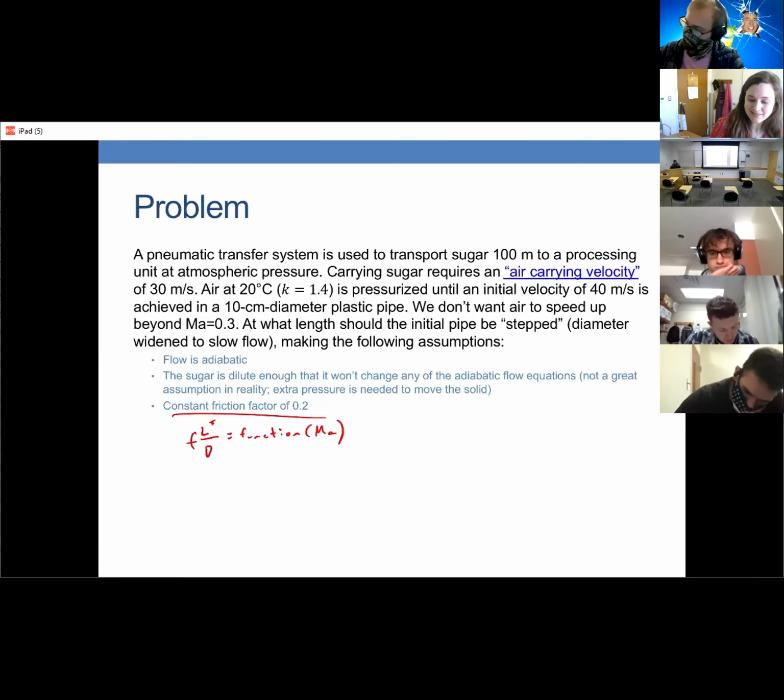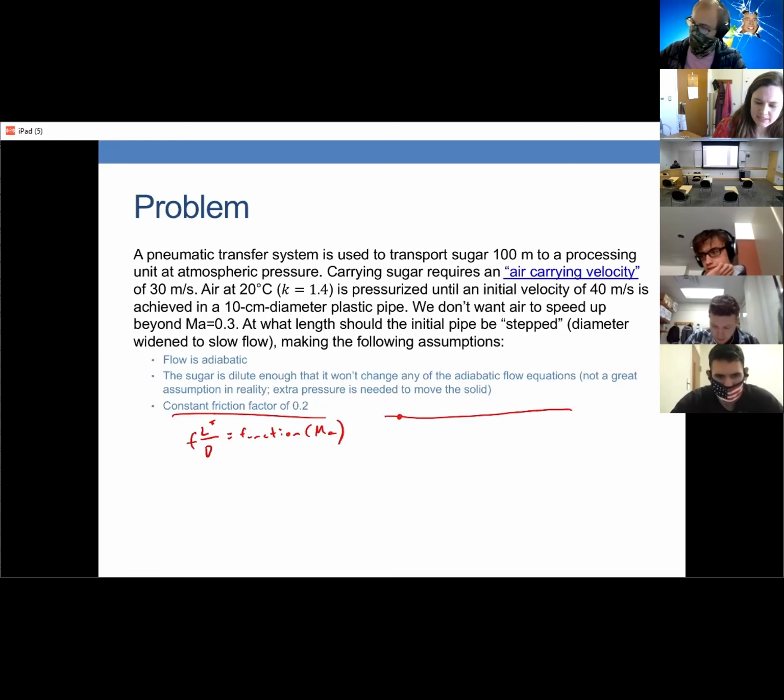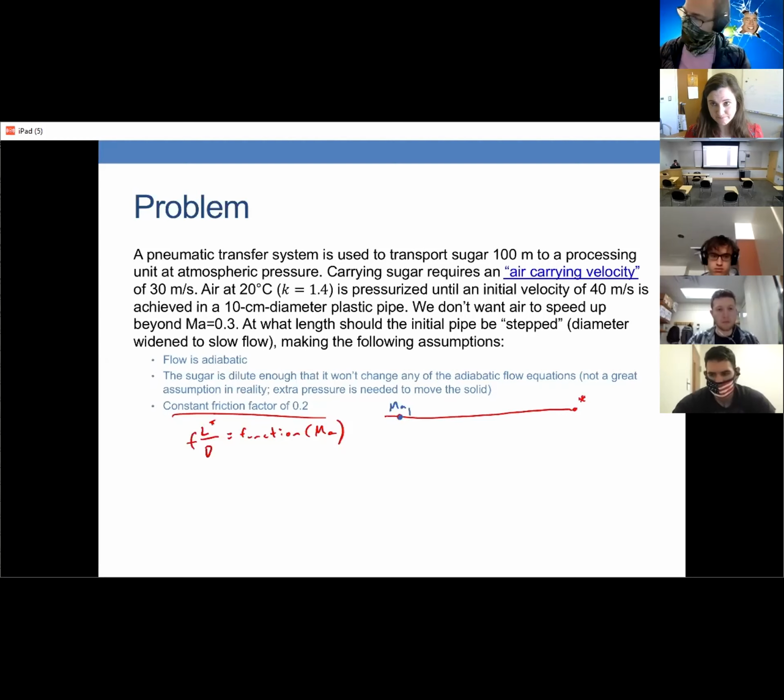And what that is, remember, is the length between when the Mach number equals whatever and when it would be choked. So in this case, we've got 2 points. There's the beginning, when you would need to calculate the Mach number: find the speed of sound in air at 20 degrees and find the Mach number. And then the second one, I said Mach number is 0.3, right?